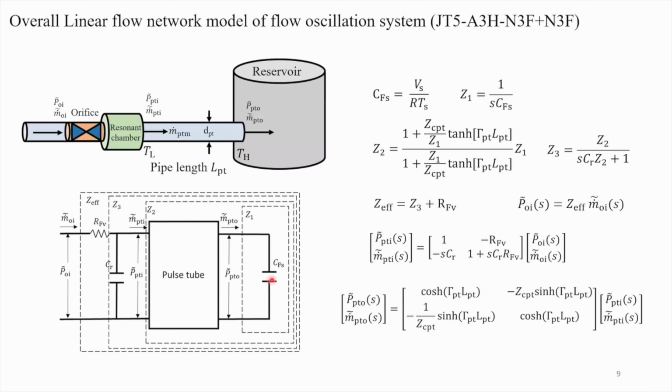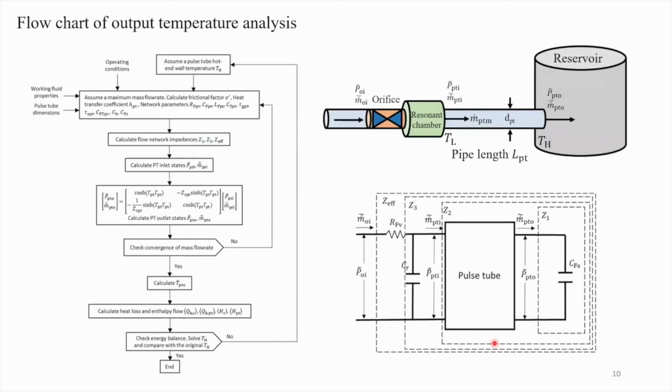By putting everything mentioned above together, we get an electrically analogized network model, and we are able to solve the problem with general circuit analysis, namely the Kirchhoff laws. This page shows the flow chart to solve the output temperature rise across the reactor based on the derivations in the previous slides.